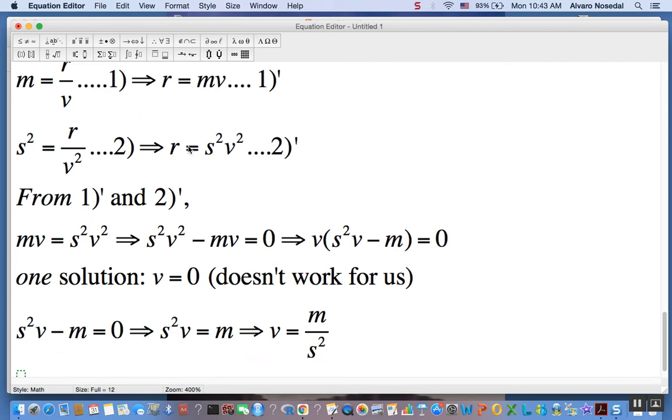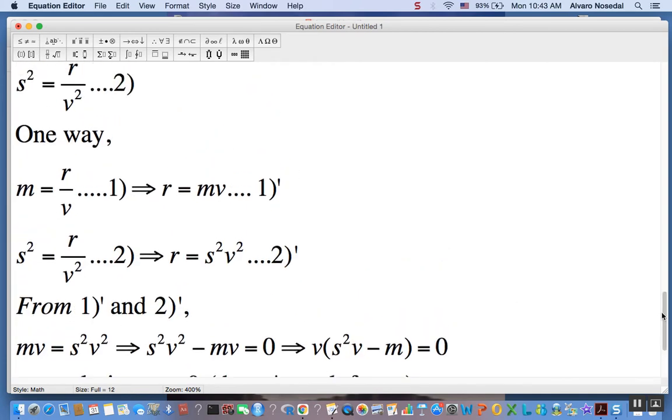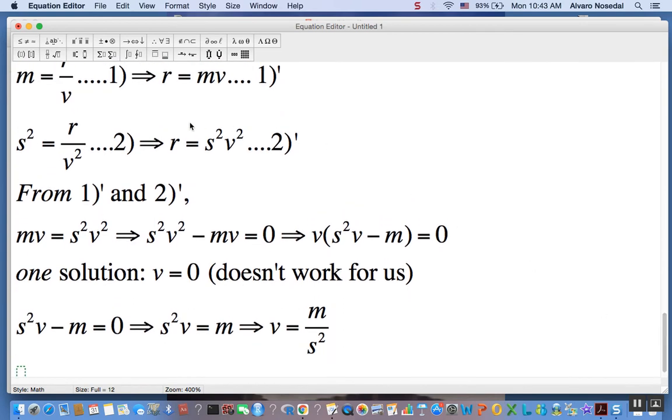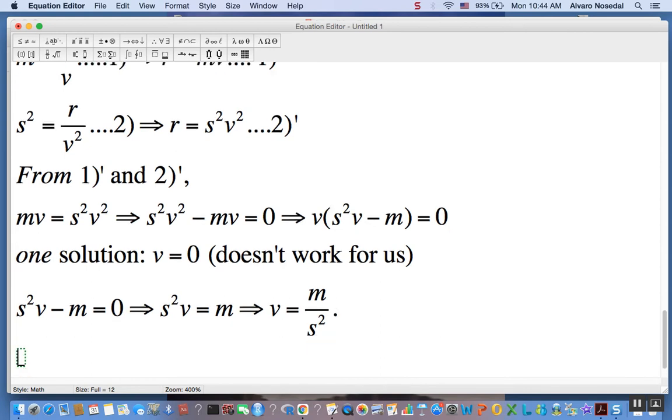And then, if that is the case, we know that R is the same as this or this. Let me use this one here, since I'm going to be multiplying by S squared, then this guy will cancel out. So we have already solved for V. Let's find the R that is going to define our gamma prior.